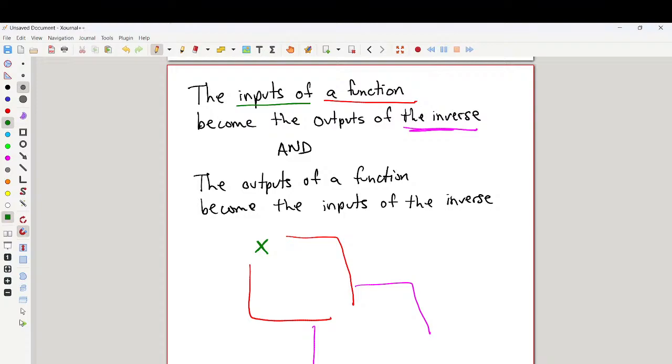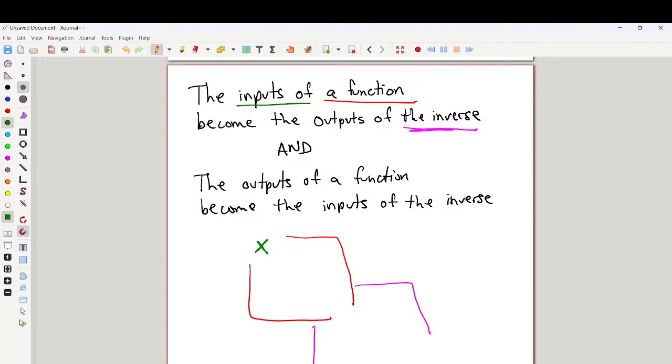That's making sense. Now, this is the input of the function in, out, in, out. This is the output of the inverse. I know it's really wordy, right? The input of a function is the output of its inverse.